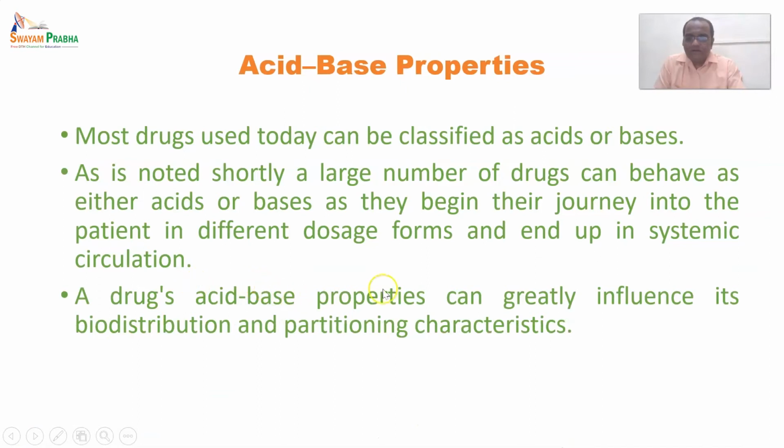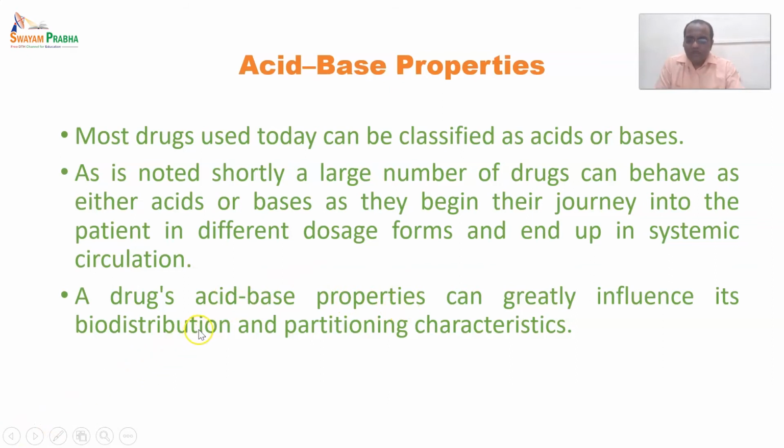A drug's acid-base properties can greatly influence its biodistribution and partitioning characteristics. Biodistribution means distribution into the tissues, and partitioning means the drug should enter through a lipid bilayer, and it depends on the acidic and basic properties of the drug.